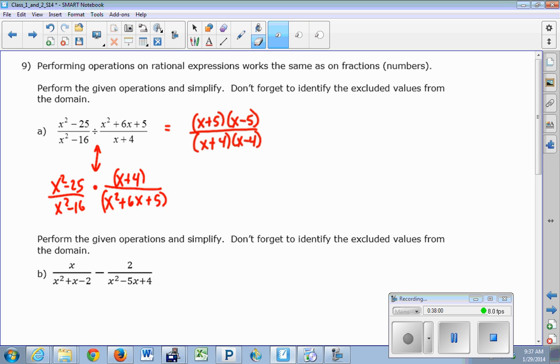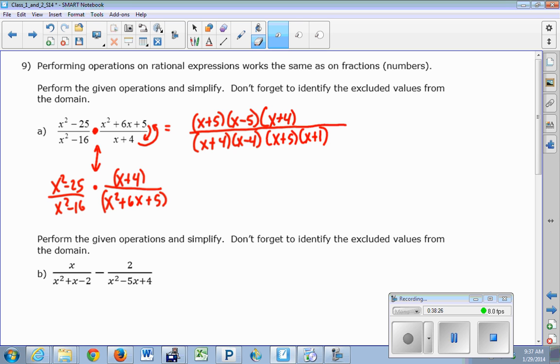So now, since I'm multiplying straight across, I just put one big fraction bar. I have x plus 4 on the top because this denominator goes upstairs and this numerator goes downstairs. This changes to multiplication. So now I have to factor x squared plus 6x plus 5, which is x plus 5 and x plus 1.